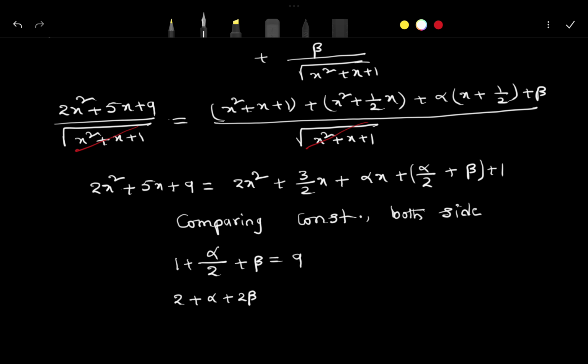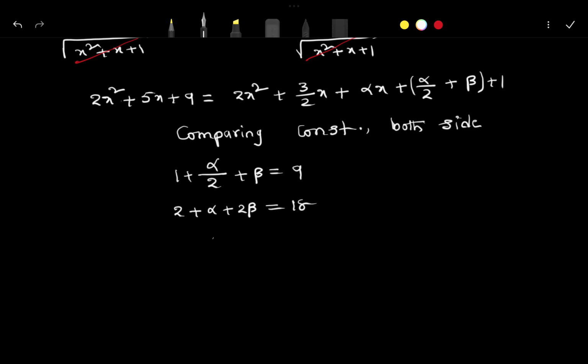Now you get α + 2β is equal to 18 minus 2. 18 minus 2 is equal to what? That is equal to 16. Therefore, α + 2β, your answer, is 16.